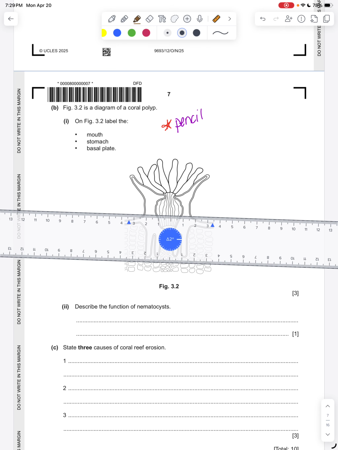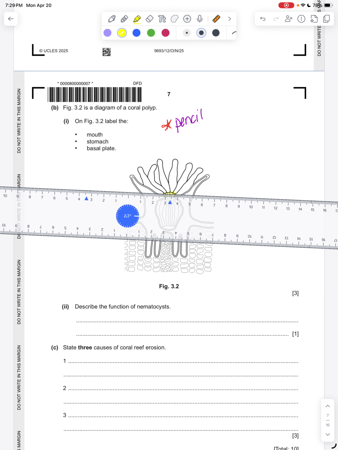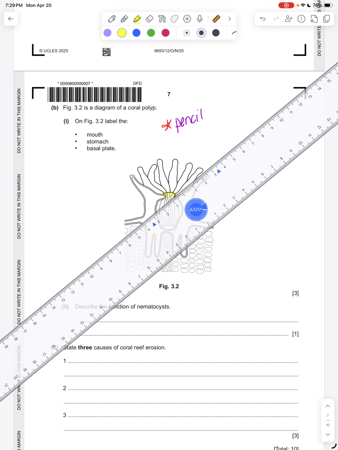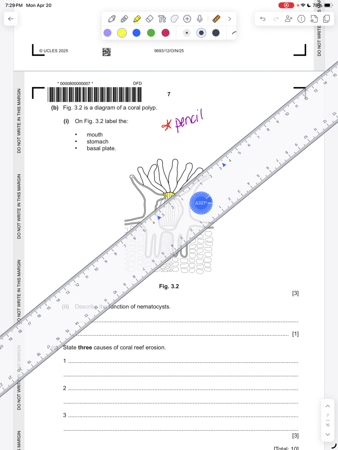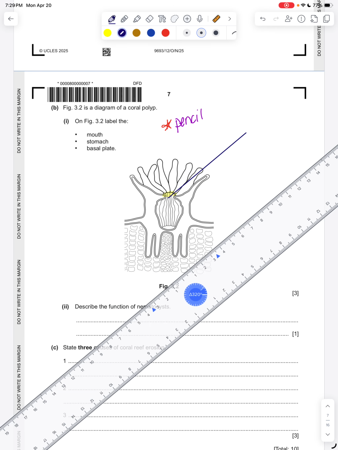Our mouth, I'm just going to highlight it so that you know where I'm going to go, is right here. And so your label line does not have to go perfectly straight. Your label line can be diagonal. It could be vertical up and down. And we're going to label this with a pencil. We touch it with a pencil, and then we write outside of the structure.